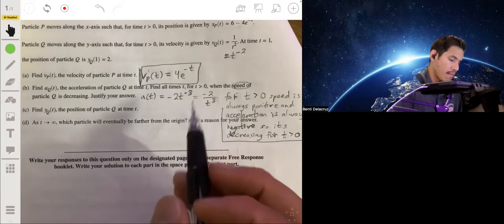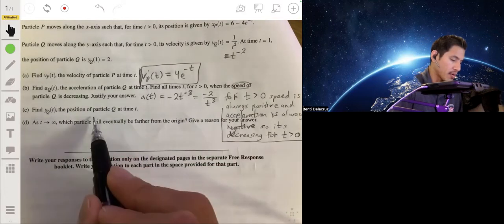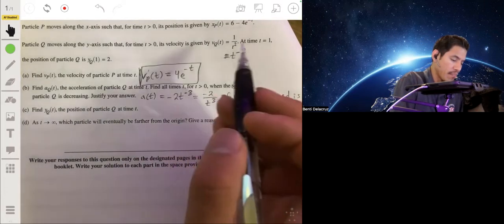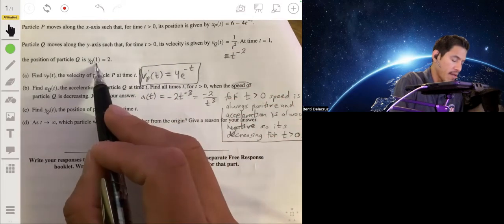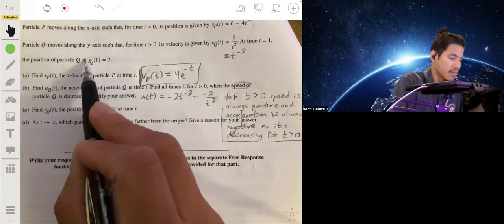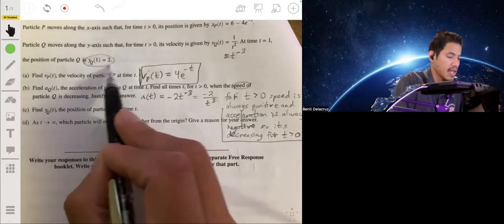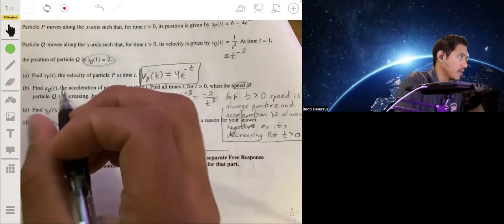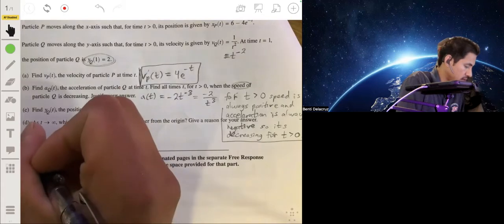So the position of the particle will be the position that it started at, or its position at time 1. So let's go ahead and write this.